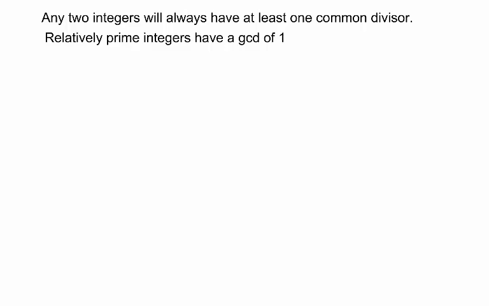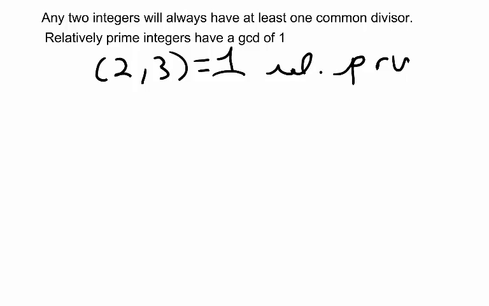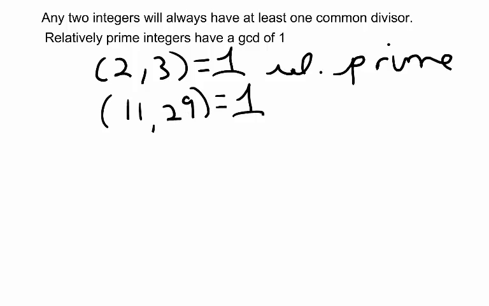For example, the GCD of 2 and 3 is equal to 1, so those numbers are relatively prime. And the same can be said for 11 and 29. Their GCD is equal to 1, so those pairs are relatively prime.